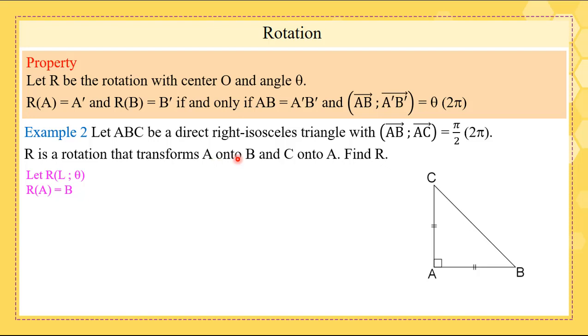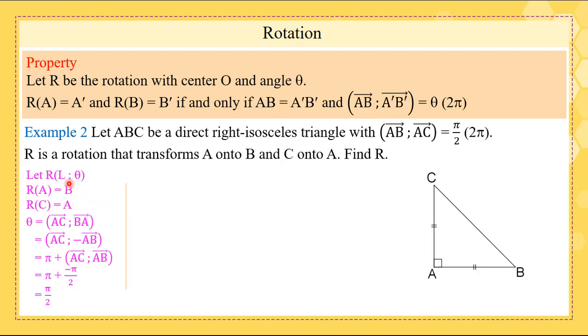Since R of A is equal to B and R of C is equal to A, then from this property we can deduce that theta is equal to the angle between AC vector and BA vector, which is equal to the angle between AC vector and minus AB vector, which is equal to pi plus the angle between AC vector and AB vector. Now since the angle between AC vector and AB vector is equal to minus pi over 2, then theta is equal to pi minus pi over 2, which is equal to pi over 2.